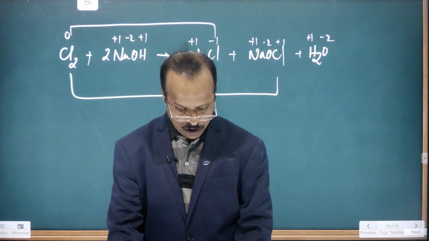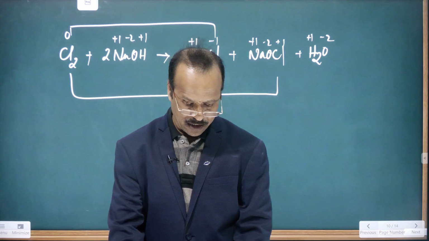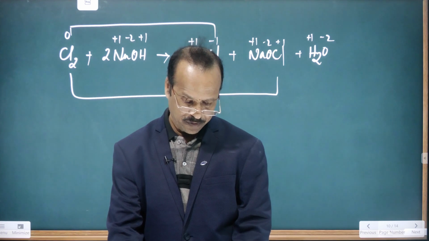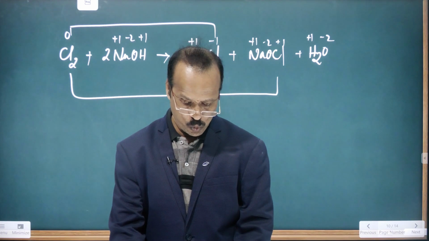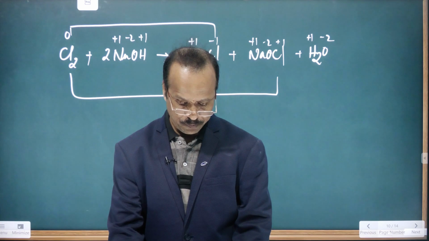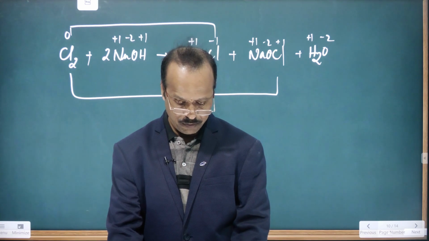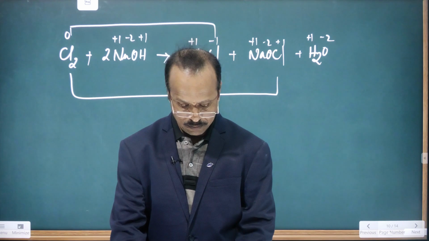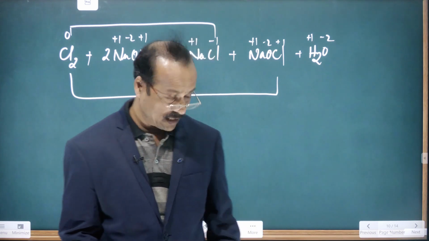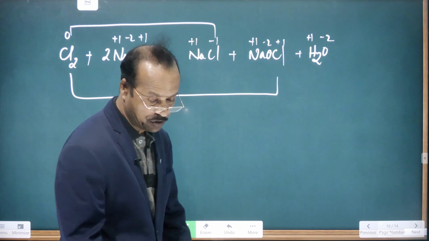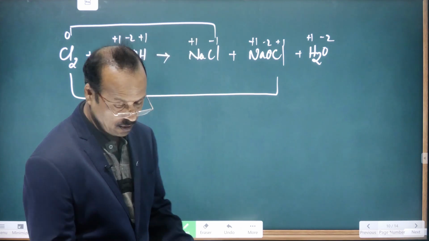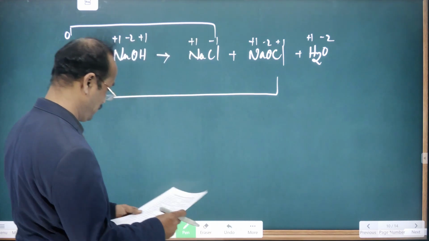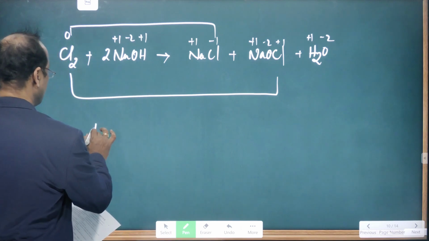Okay, so barium oxide, +2, -2, 0, +2, +4, -4. Let us check. This type of reaction you need to work hard on. Now see the 7th question.